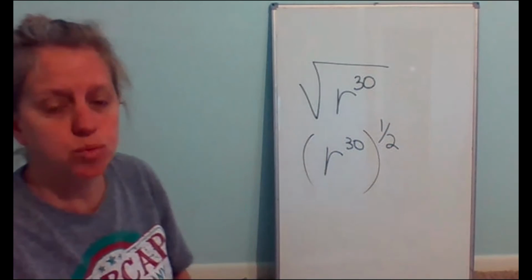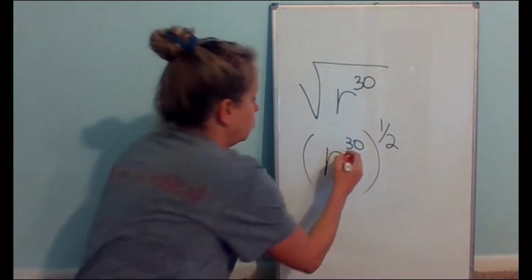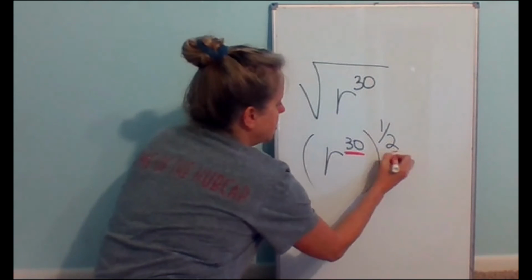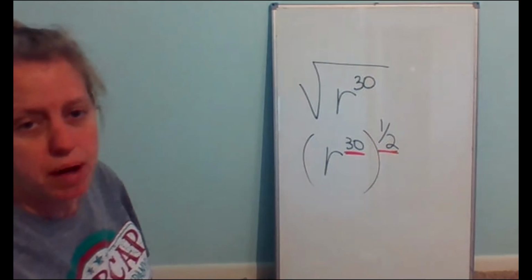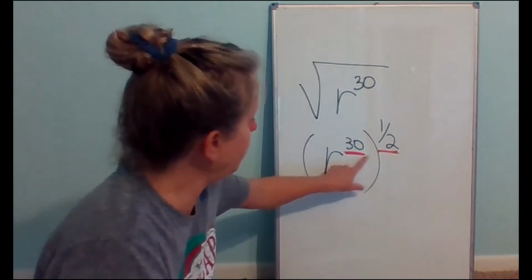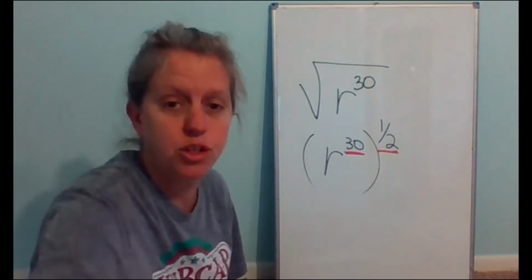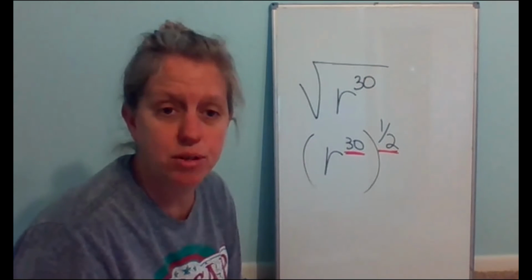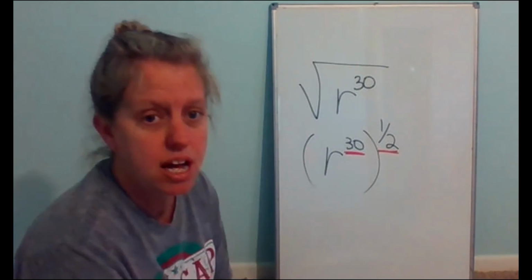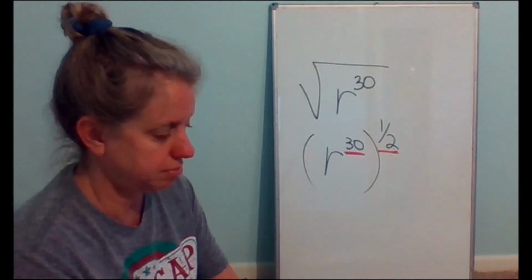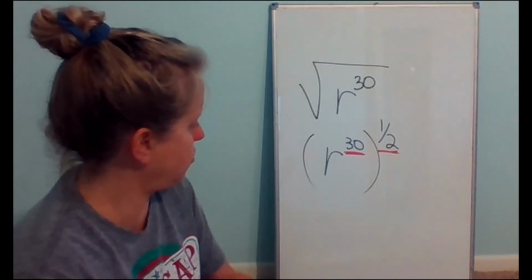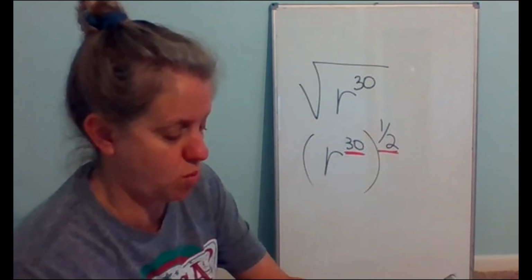Now let's recall our exponent rule. If you are raising an exponent to another exponent, you're going to have to multiply those exponents together. So let's see. I have, what do I need to multiply? 30 times 1/2.